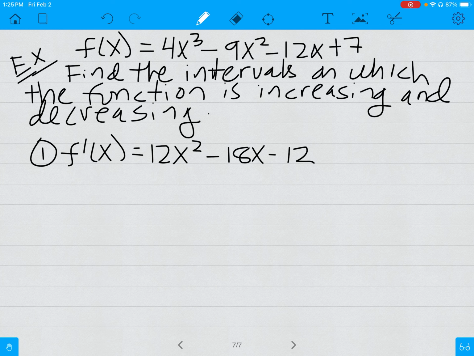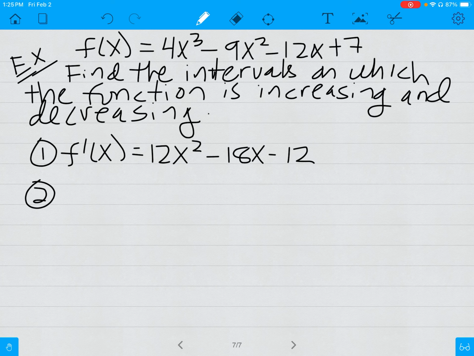We did that. Second step, we want to find the numbers where that derivative is either equal to 0 or where the derivative does not exist. Again, being a polynomial function here, this one doesn't have any values where the derivative doesn't exist.